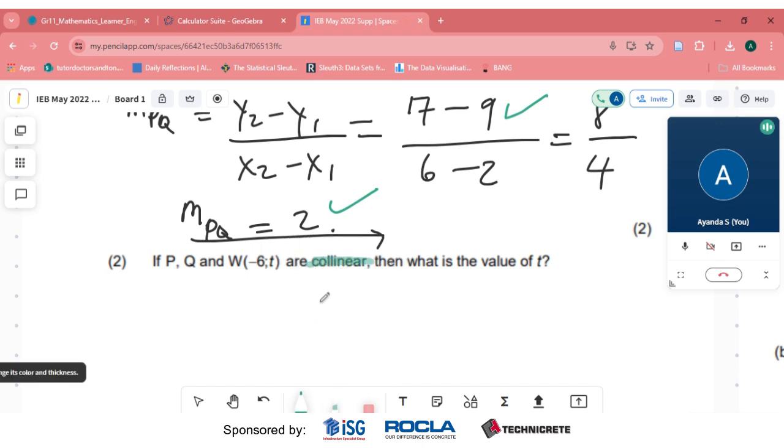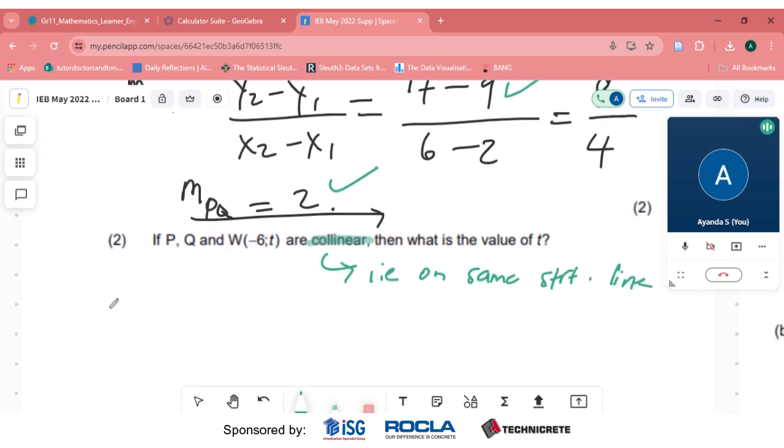Collinear points are points that lie on the same line, on the same straight line. So this means that W, Q, and P all lie on the same line that has the same equation and the same gradient.